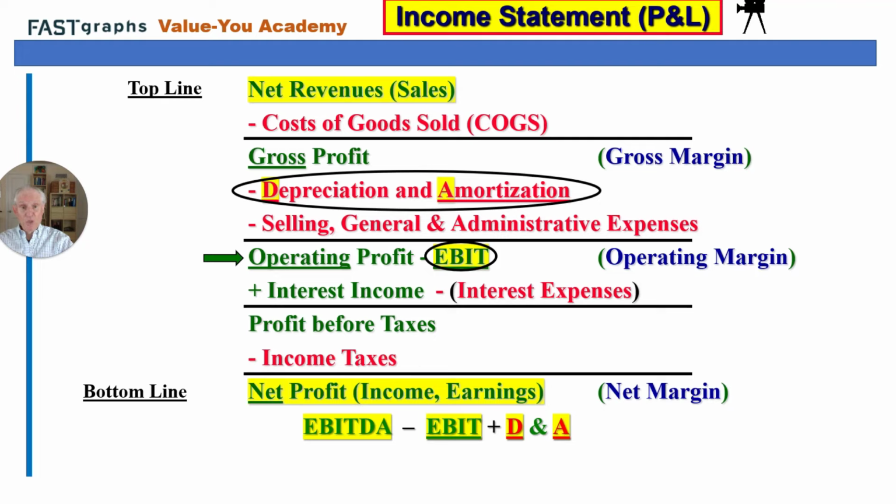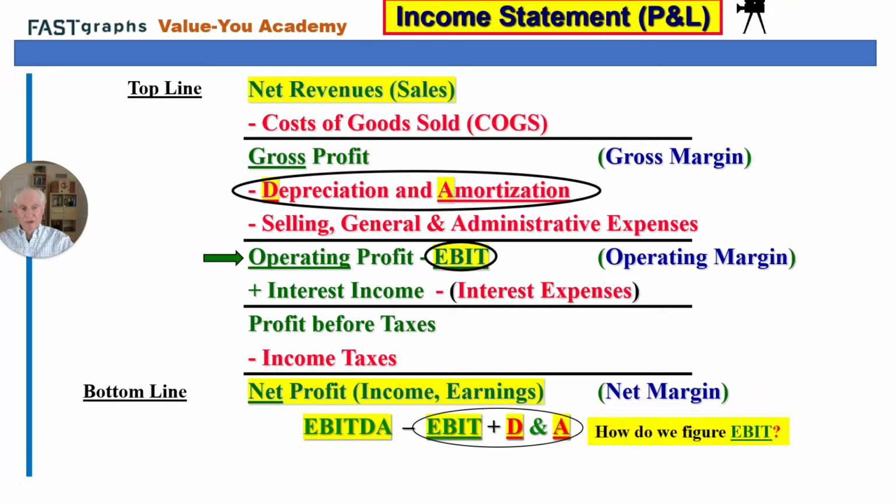Since we have it, we add it back to come back to a number closer to cash flow called EBITDA. And a lot of companies can be valued on their EBITDA. The next thing we are going to look at is taking the bottom line, net profit, net earnings, net income, dividing it by the common basic shares outstanding and get earnings per share basic. All right.